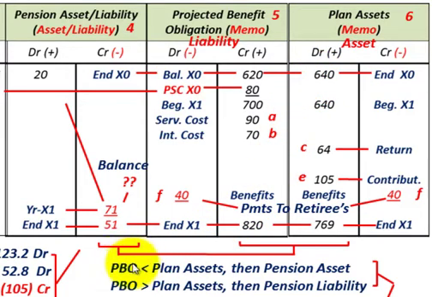If the PBO, or the pension benefit obligation, is less than our plan assets, then we'd be increasing the pension liability, or it'd be a pension asset as we call it. And you can see that's the case here. So our plan assets of $640,000 are greater than our projected benefit obligation of $620,000, so we would be debiting that for $20,000. It's not really a balancing entry.